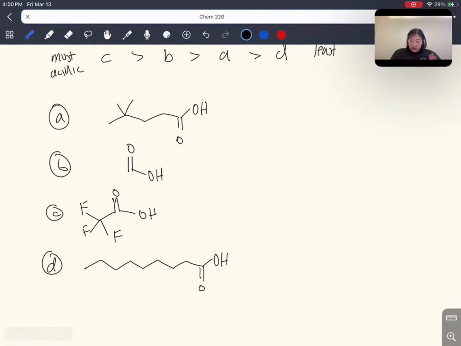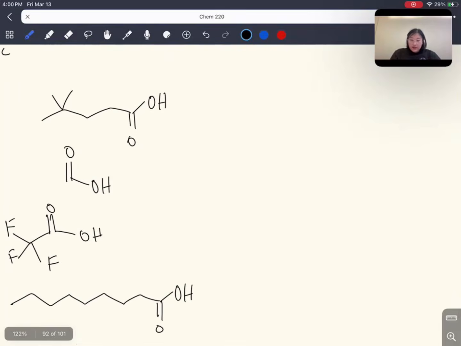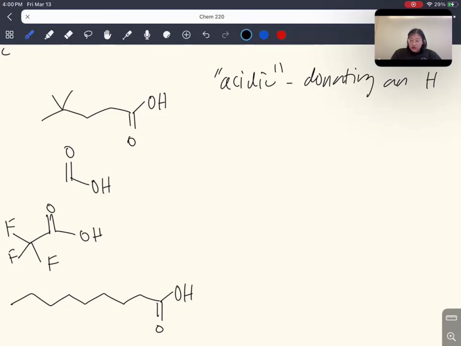Okay, so what does the word acidic mean? If something is acidic, that means it's donating a hydrogen, right? So it's an H donor, a hydrogen donor. If we donate an H, that means that on the atom that the H was attached to, it leaves behind a negative charge, right?